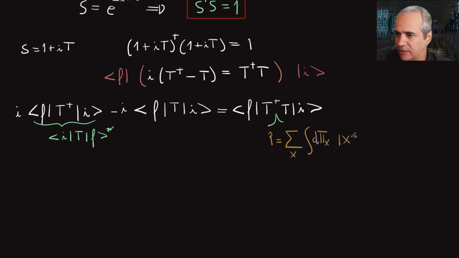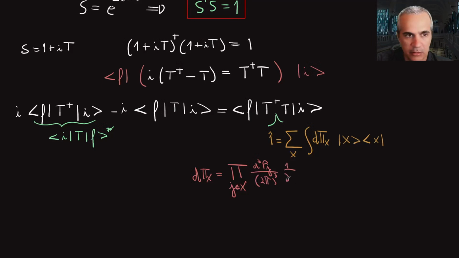And this operator right here, which is summed over 1, 2, 3, 4, n particle states, is a complete set. And this dΠ_X is defined as the product over j belonging to X of d³p_j over (2π)³ times 1 over 2E_j.